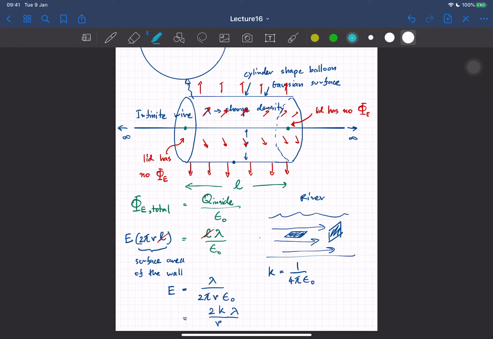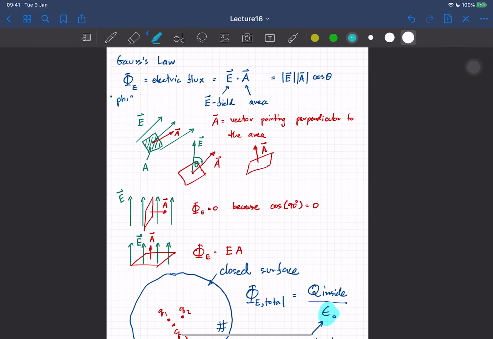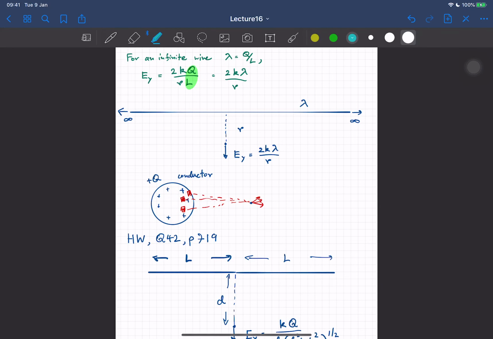I'm going a little bit fast here. I apologize. So you probably need to read the lecture or watch the lecture again. But what we got here is the electric field using Gauss' law, and it's the same result that we got here. But it's a lot easier because there's no integration going on.